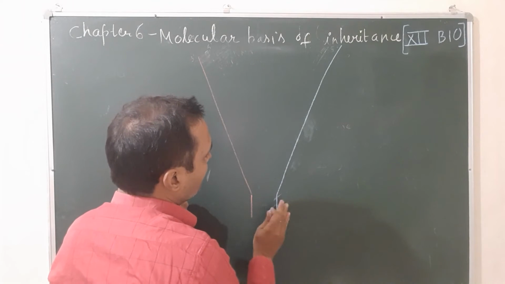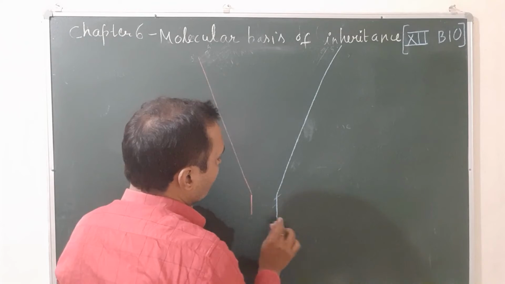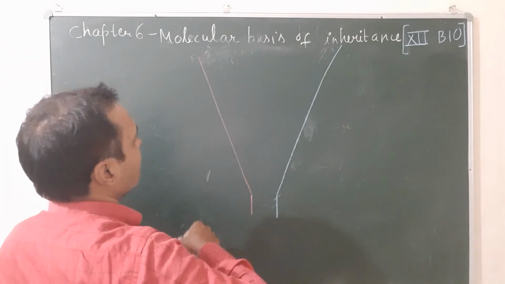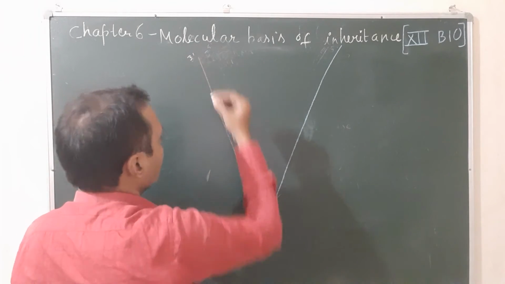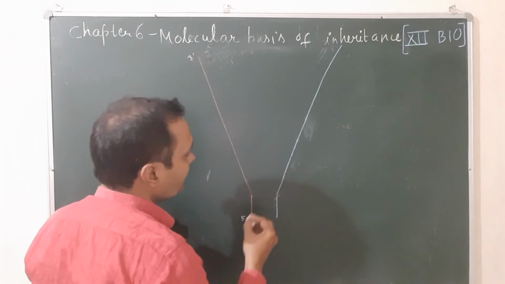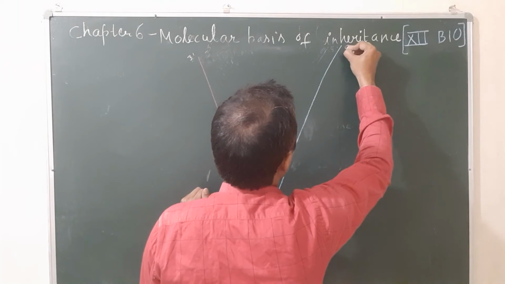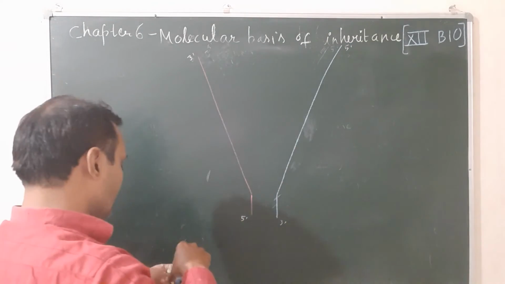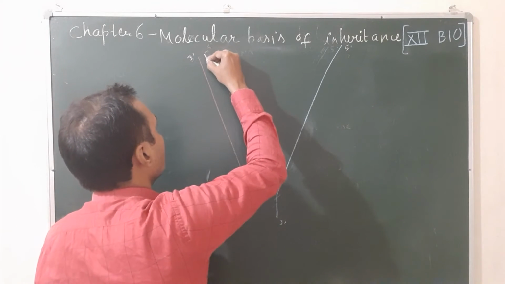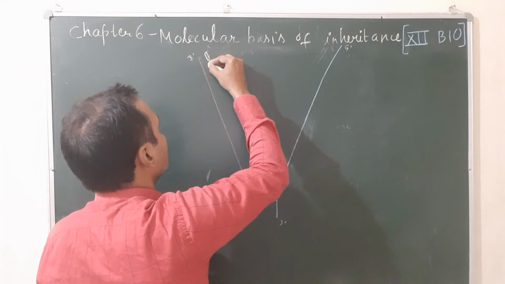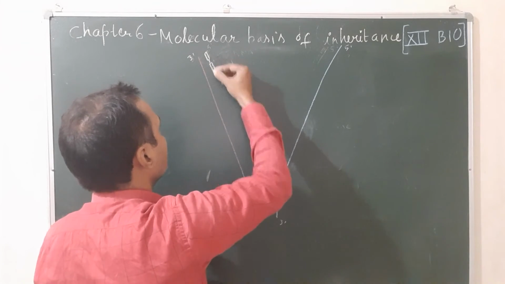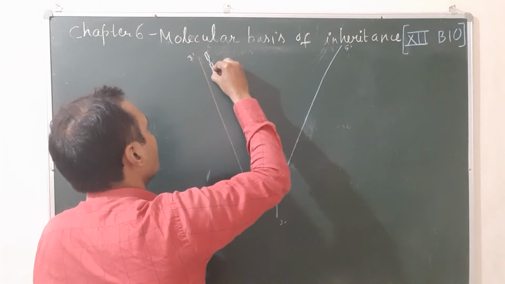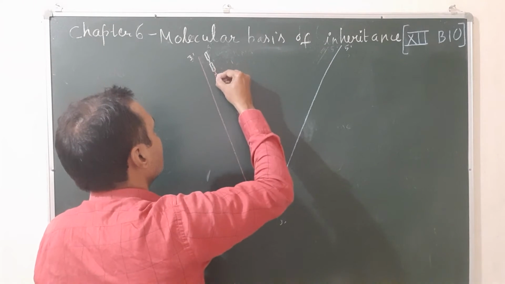Okay, so let's see. Again, the polarity is 3' on this one and 5' on this one, and this is 5' and this is 3'. In the previous diagram, the RNA primer is at 5' to 3', and synthesis takes place continuously. New bases are added according to the base sequences like this.